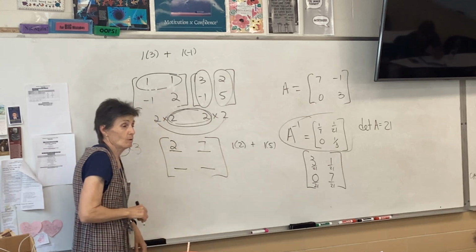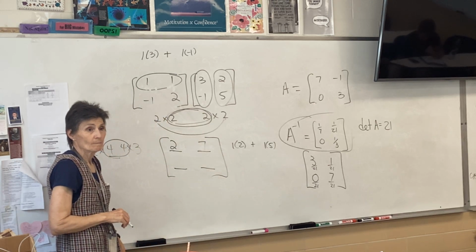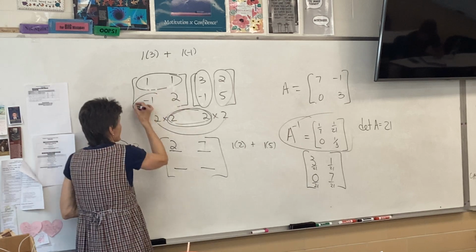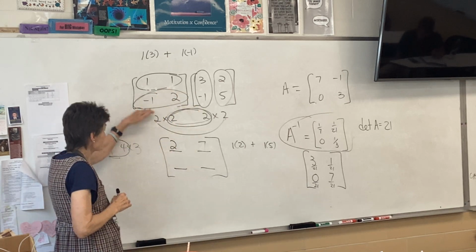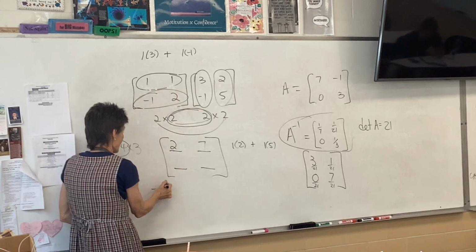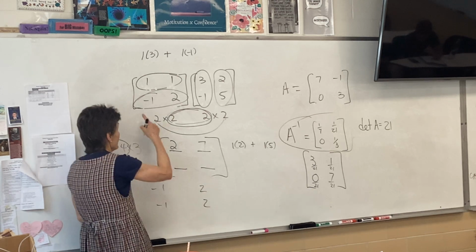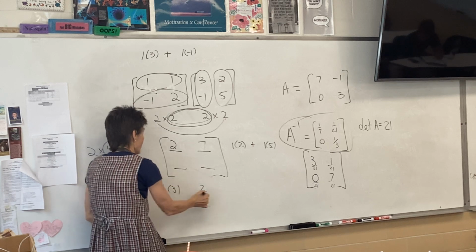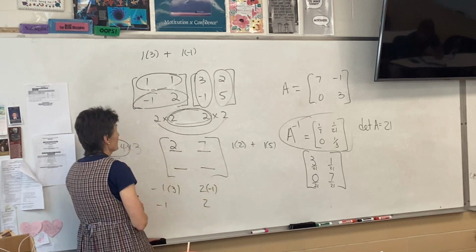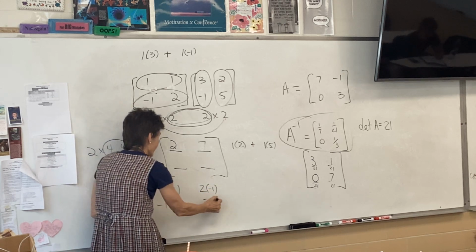All right, do your bottom row. Can you do the bottom row? You're doing the same thing, but now you're using these two numbers. Now you're in the second row, so you're using negative 1 and 2. And you multiply first by 3 and negative 1, and then by 2 and 5.